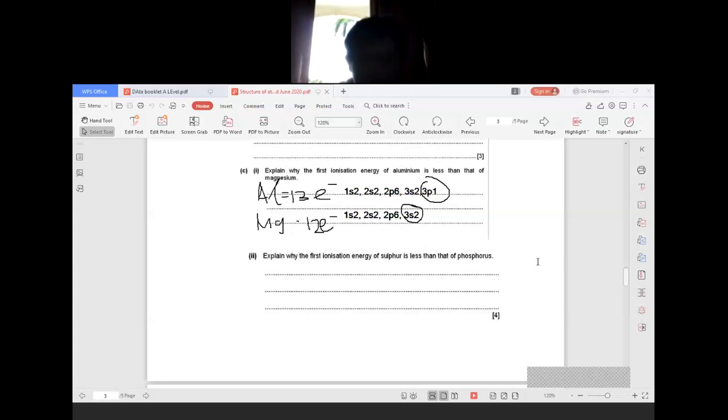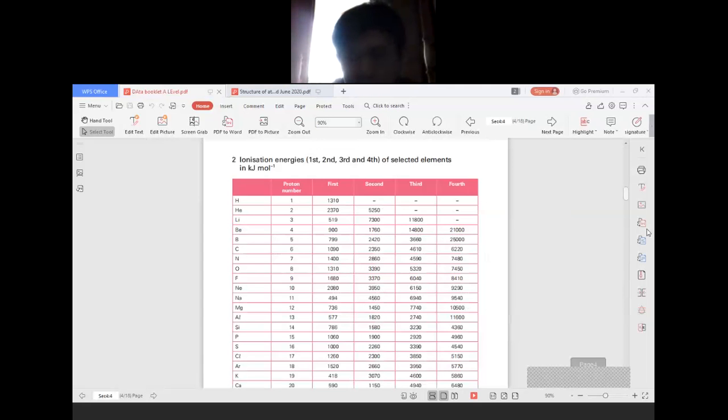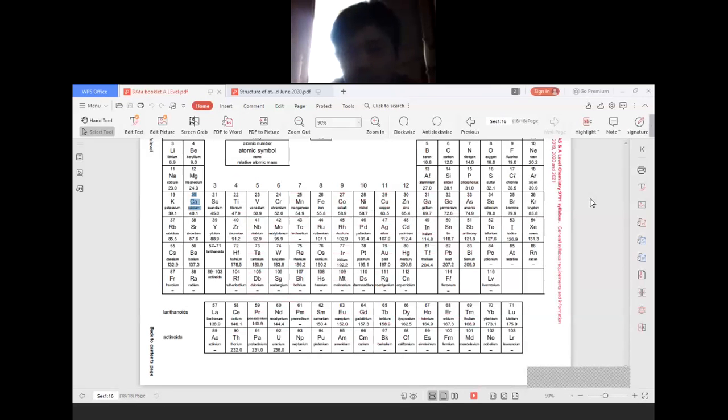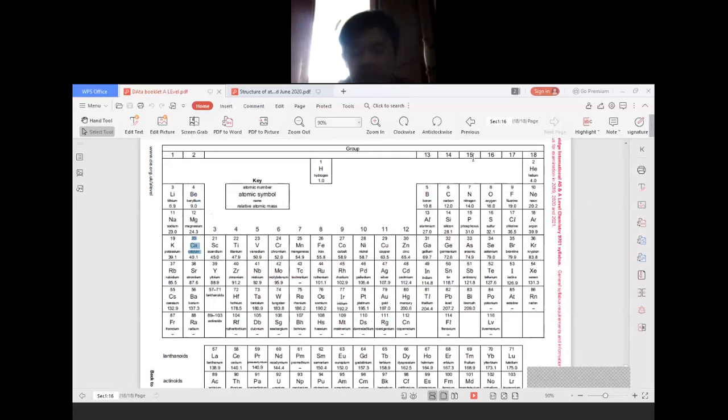Explain why the first ionization energy of sulfur is less than phosphorus. It happens, as I told you earlier, that there is an exception from group 2 to group 3. And the second exception is from group 5 to group 6.